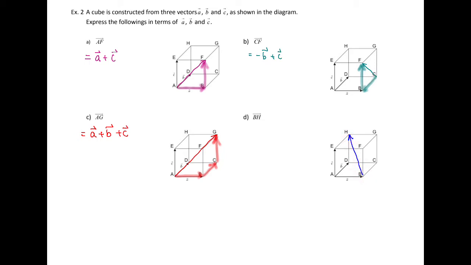So once again, we cannot use this blue line. We have to choose a different routing. So I'm going to choose BC to CG to GH, which is equivalent to vector b plus vector c minus vector a. So we write out negative a plus b plus c.